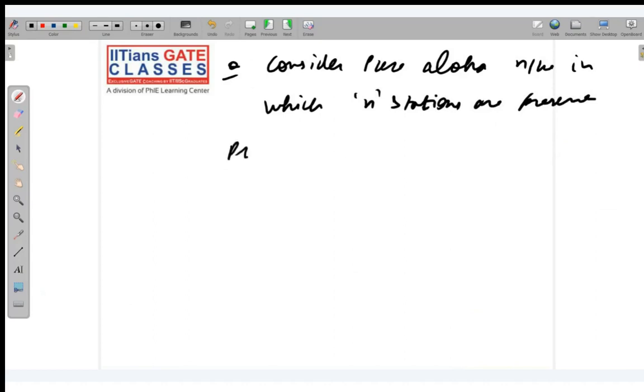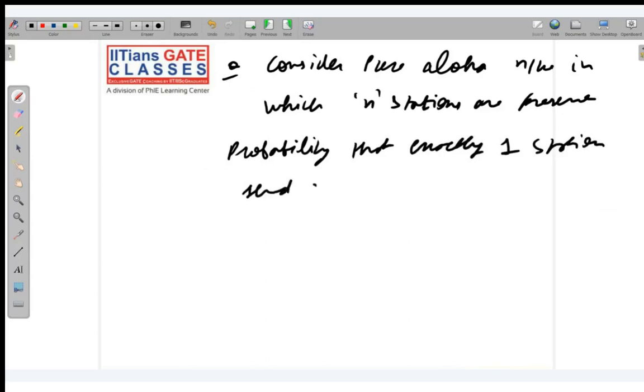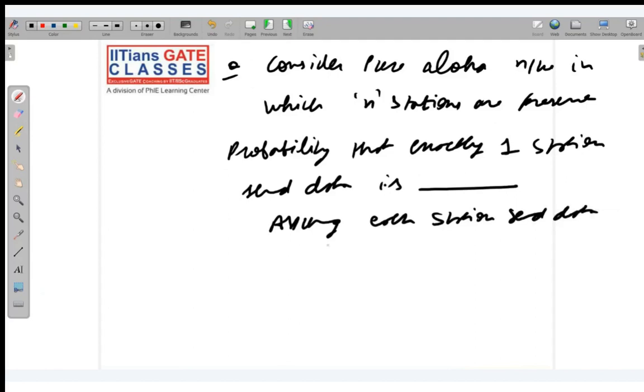Probability that exactly one station sends data is dash, assuming each station sends data with probability P. Okay. So what they are saying is, consider a pure Aloha network in which N stations are present. Probability that exactly one station sends data is dash, assuming each station sends data with probability P.